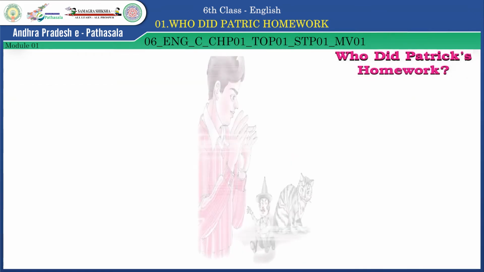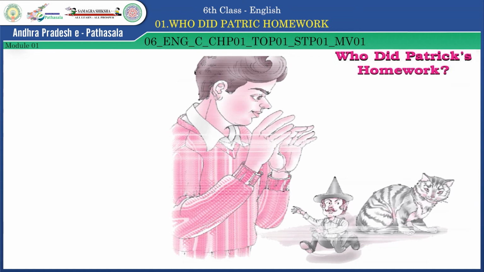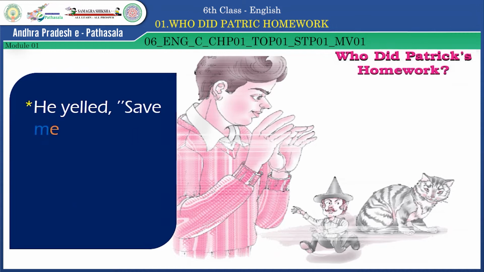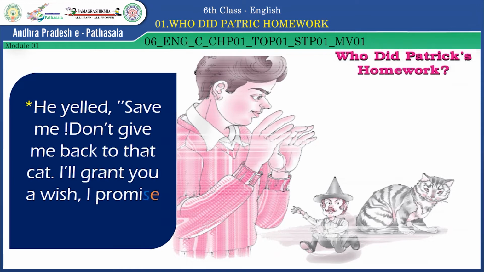Look at this figure. The little elf is asking for help. He yelled, "Save me! Don't give me back to the cat. I will grant you a wish. I promise you that." Here the little elf is asking Patrick, "Save me from the cat. Don't leave me near the cat.